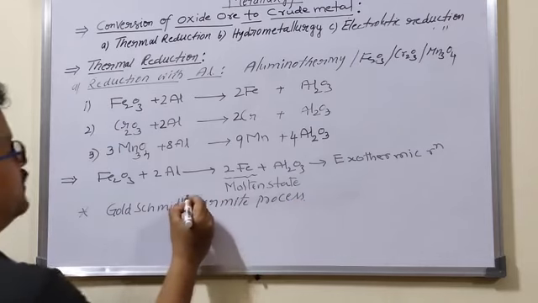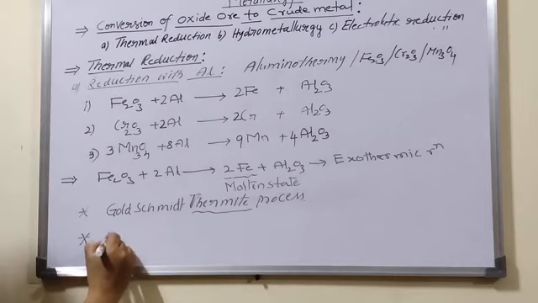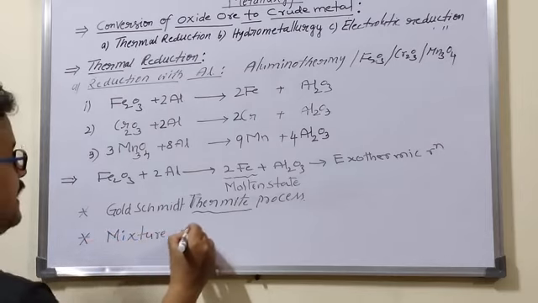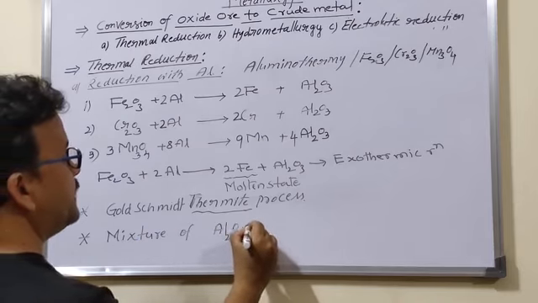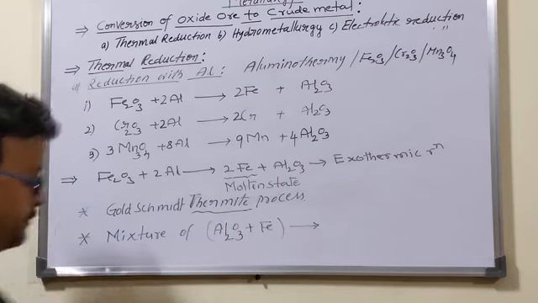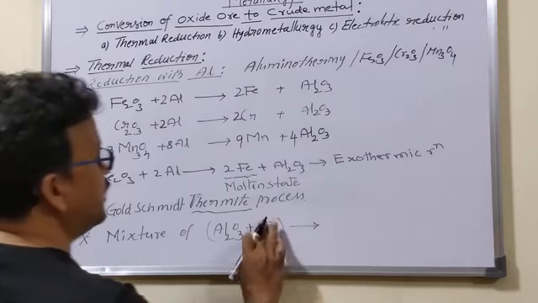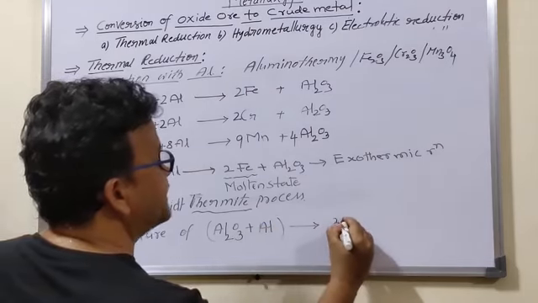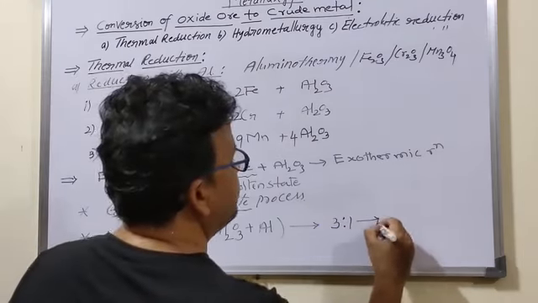Here, why do we use the word thermite? A mixture of Fe2O3 plus aluminum in a 3:1 ratio is called thermite.